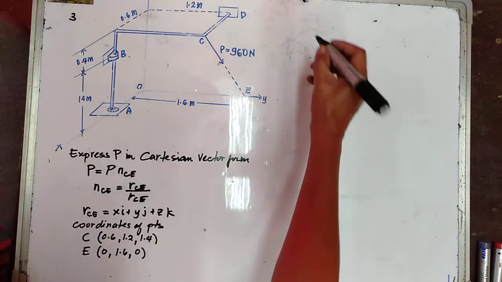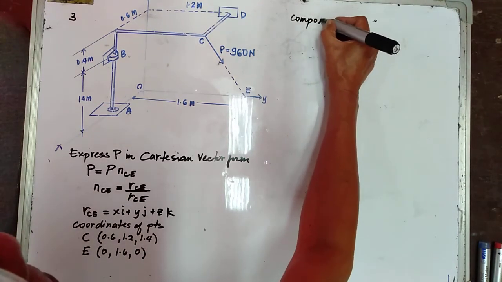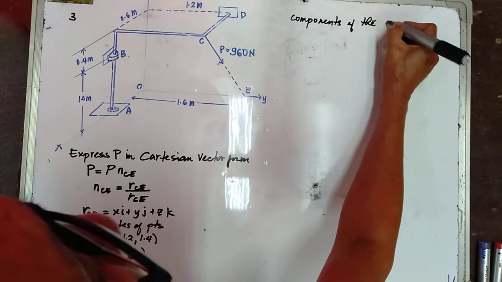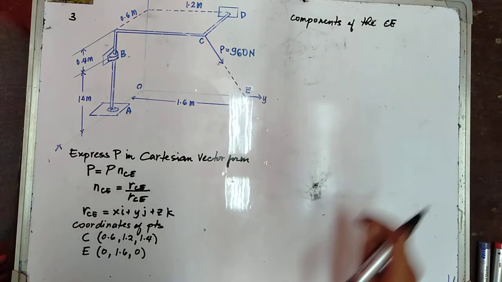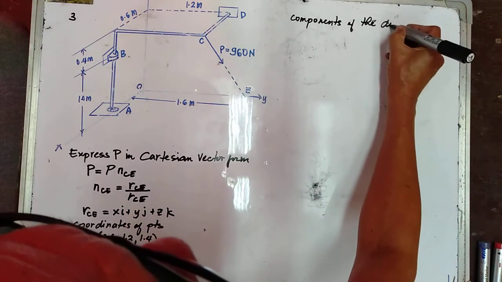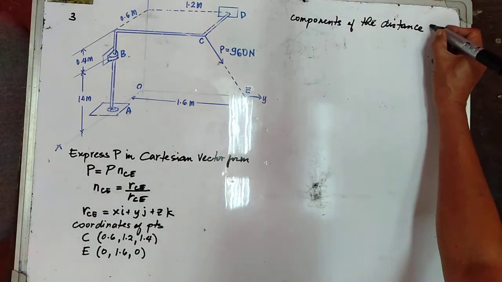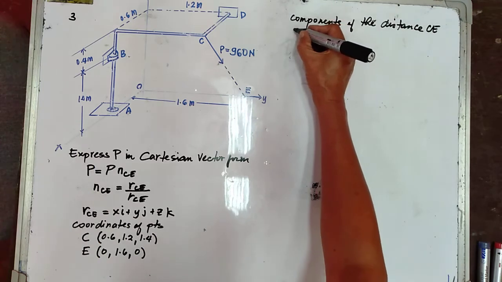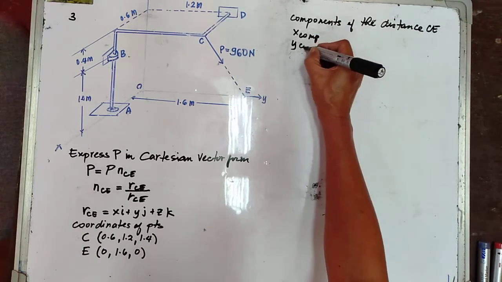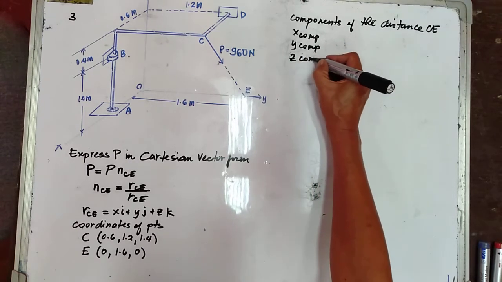Now, let us determine the components of the distance CE. So we have your x, your y, and then your z component.